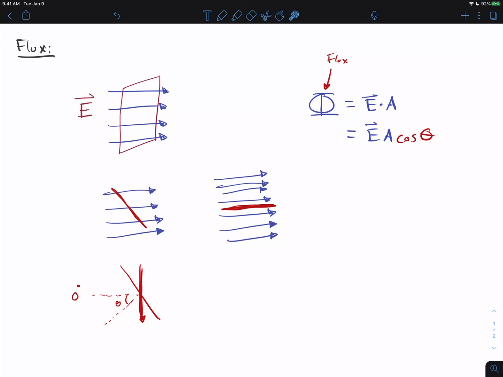So this is why for a lot of our electric flux problems, it's going to be very useful for you guys to draw a picture so you make sure that you have an idea of how much field is going through a certain area, okay?